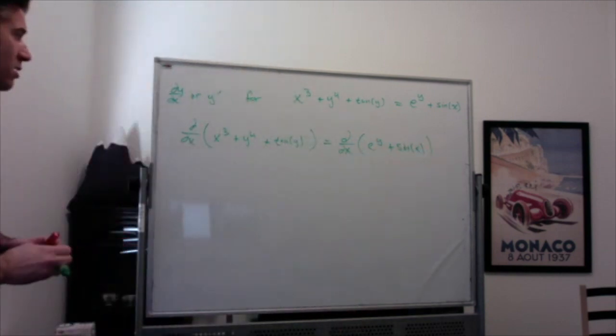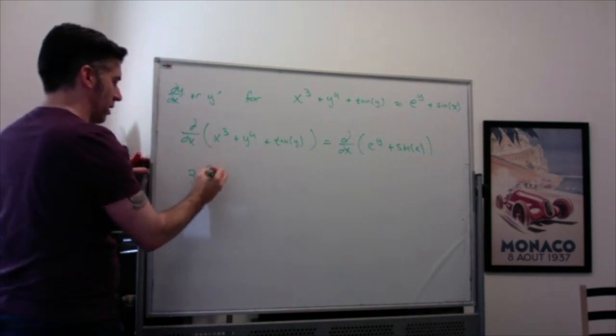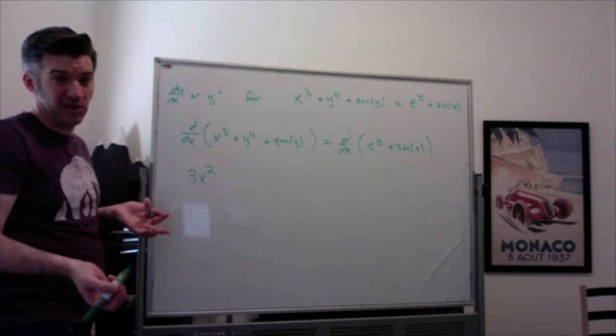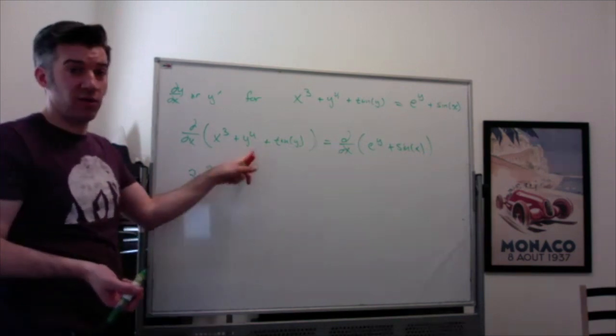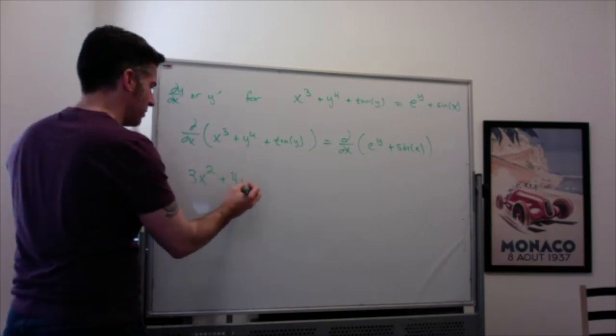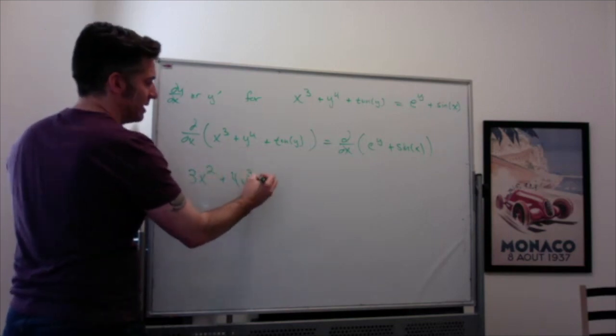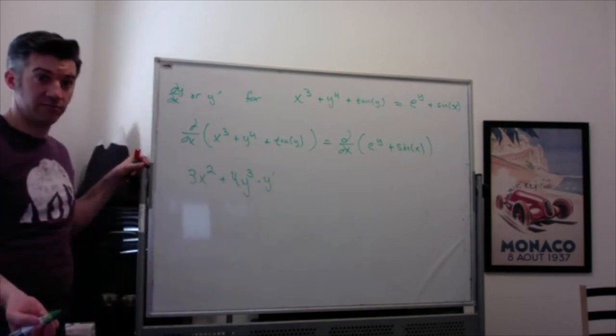Okay. Derivative of x cubed is 3x squared, because x is just our variable that we're differentiating with respect to. But the derivative of y to the fourth, or some stuff to the fourth, is going to be 4 times my stuff to the third times the derivative of the stuff.